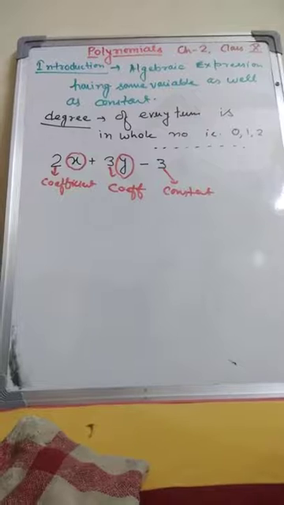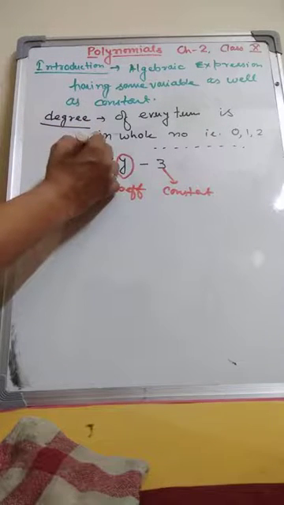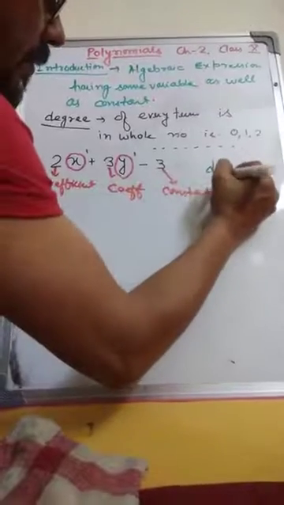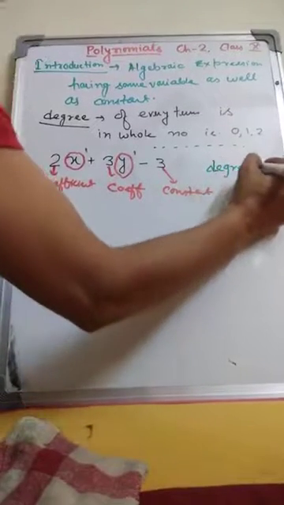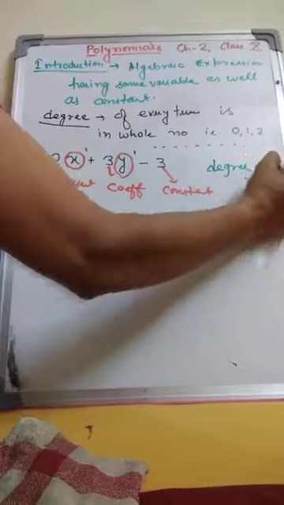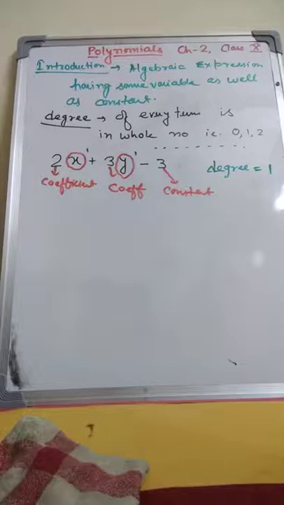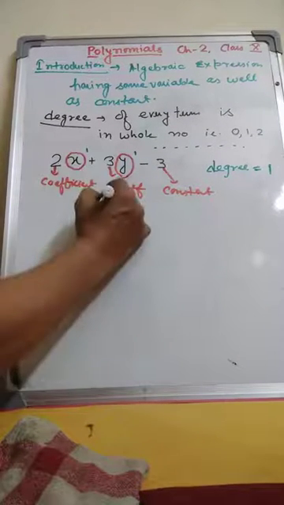And the degree of the polynomial, since the power is 1, so degree is equal to 1. That's why it is said to be a linear polynomial.